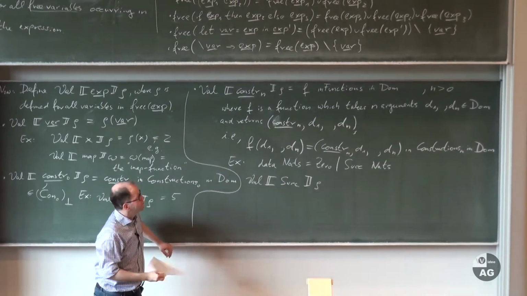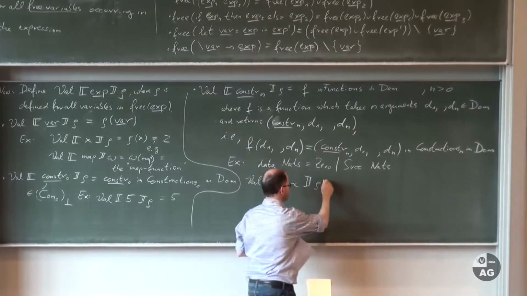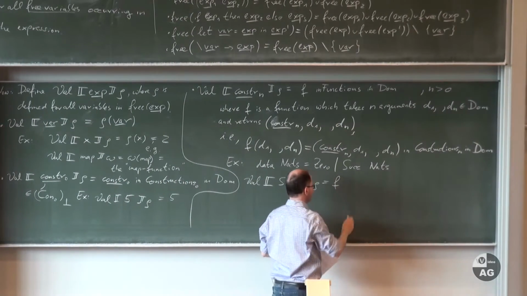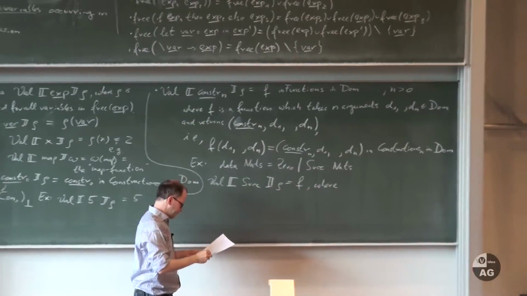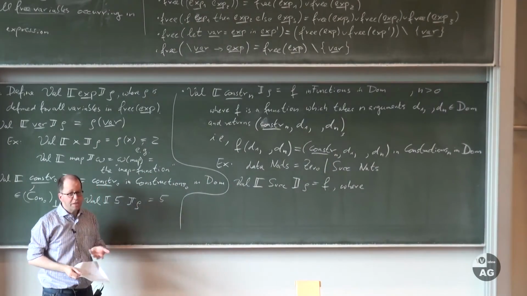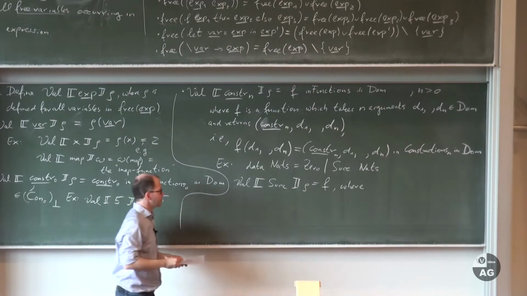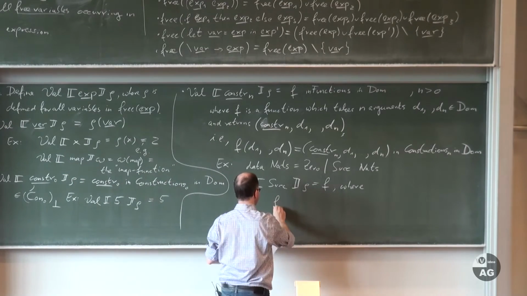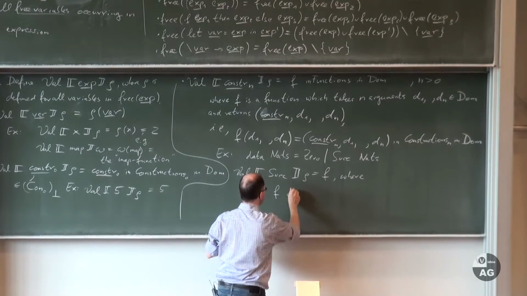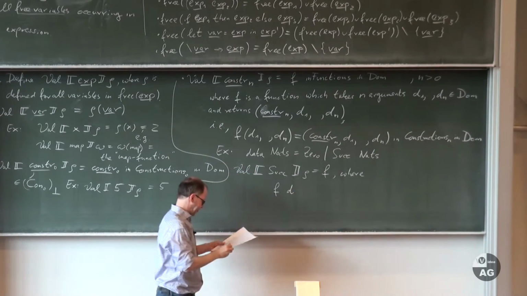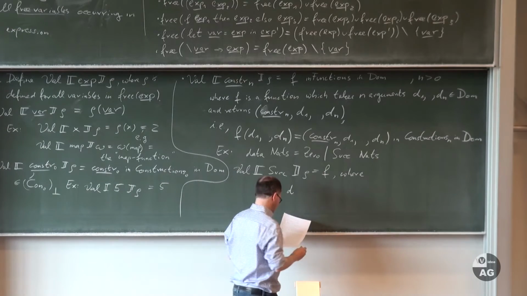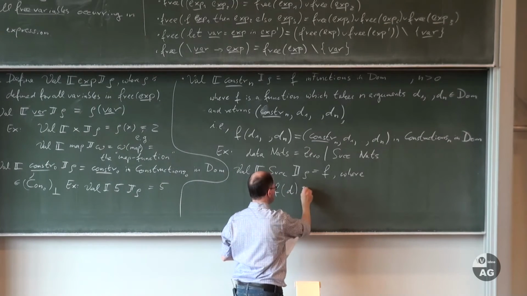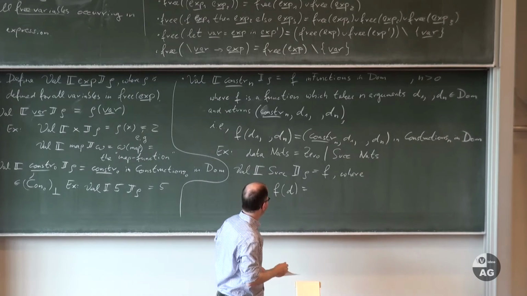Well, according to the definition, it's a function. It's a function f. And what does this f do? Well, this f waits for an argument. So as soon as I give an argument to f, then what will be the result?